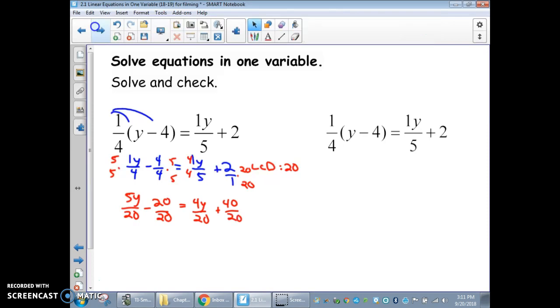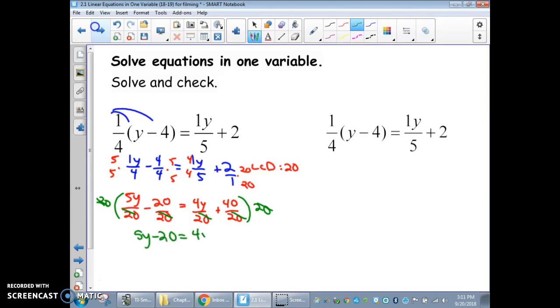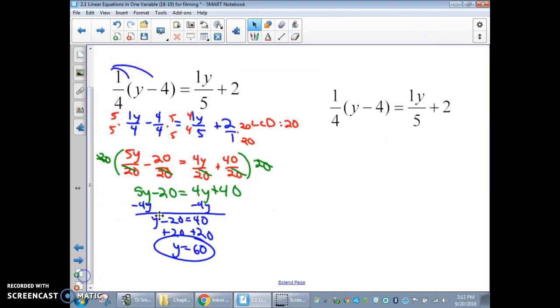We're now back to the situation where we can multiply by our common denominator of 20, and when we multiply and distribute, multiplying and dividing undo each other, and we're left with 5y minus 20 equals 4y plus 40. Solving that equation the rest of the way, you end up with y equals 60.